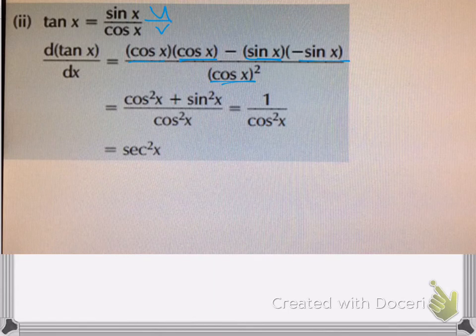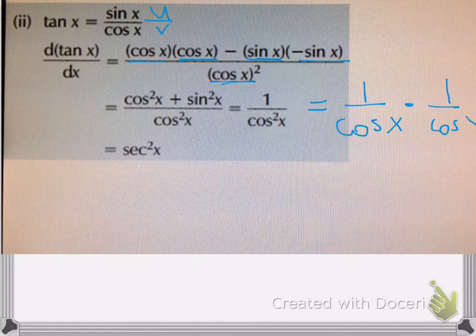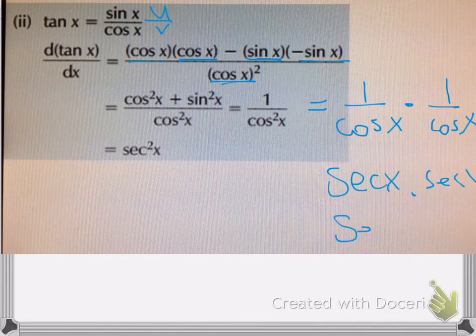So that becomes a 1 all over cos squared x. Alright, and remember that can be written as 1 over cos x by 1 over cos x. And we already know that 1 over cos x is sec x, multiplied by sec x. And we get sec squared x.